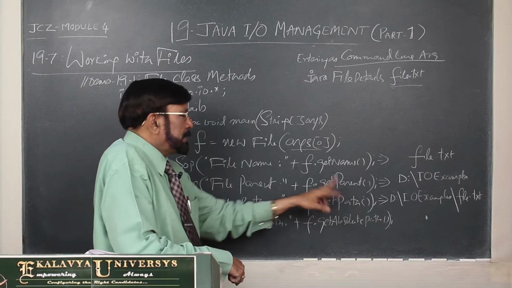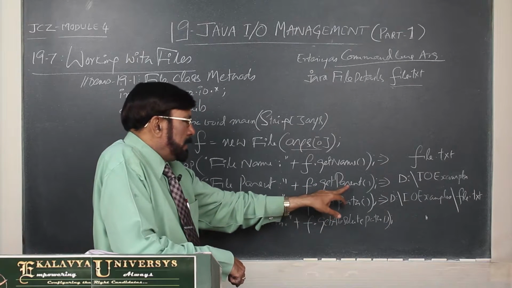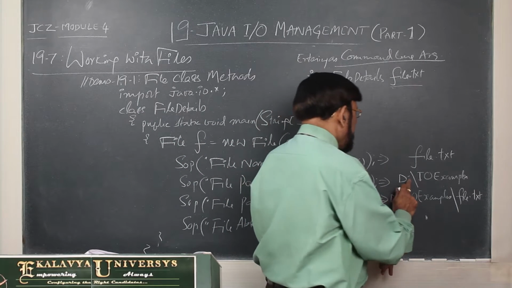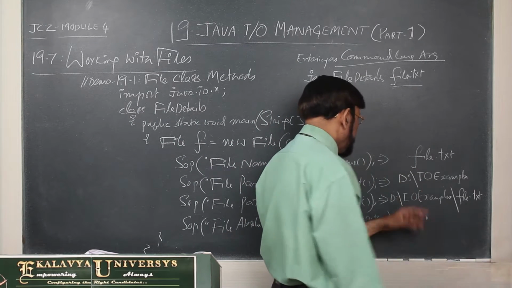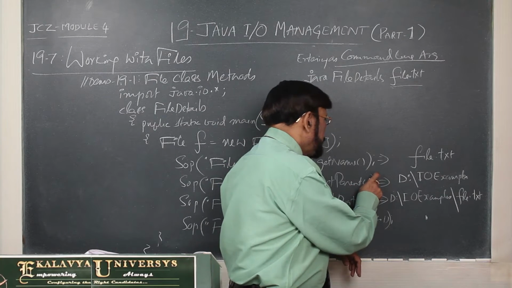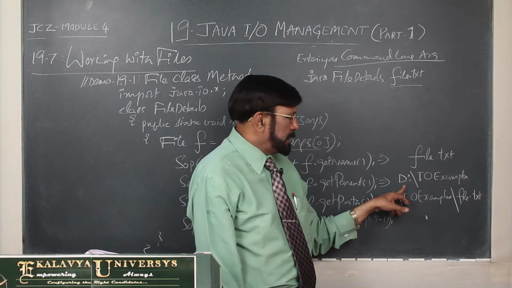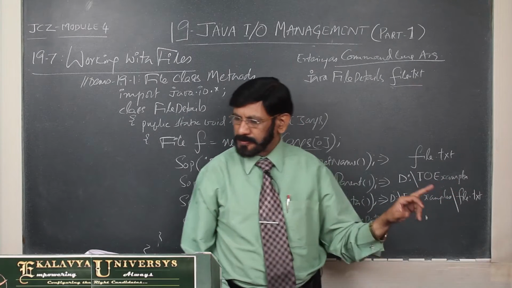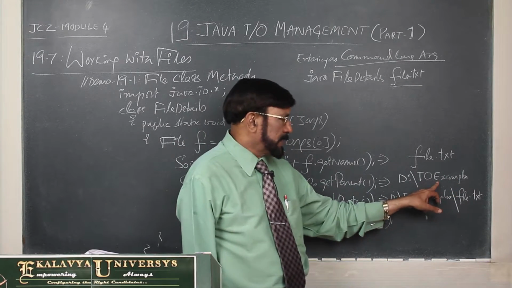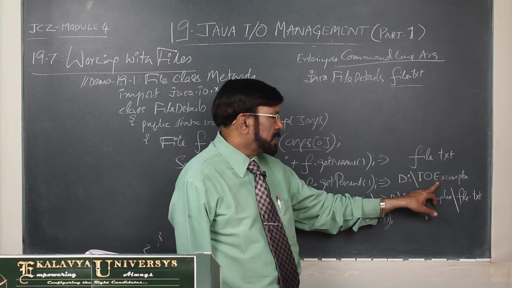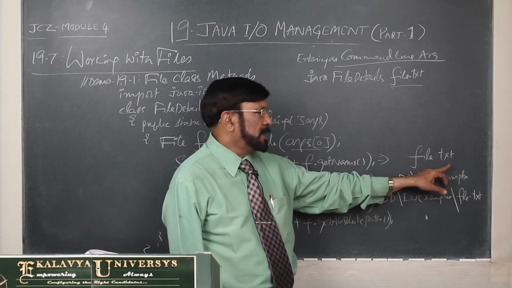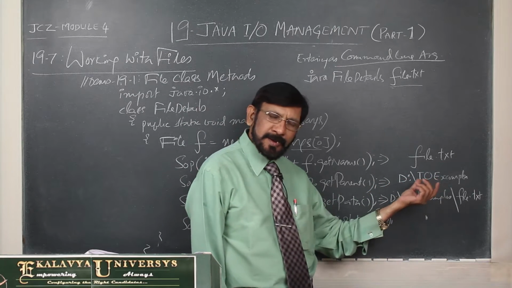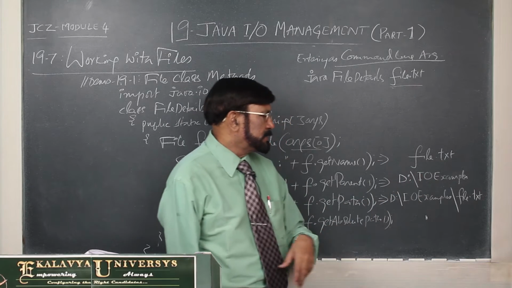Now we see getParent. Now here you see in getParent we are getting D drive and IO examples. In the IO examples directory I have created file.txt. That's why the parent directory is displayed.